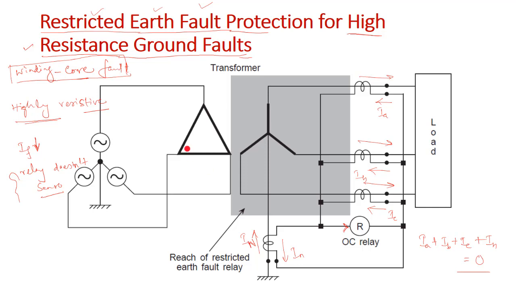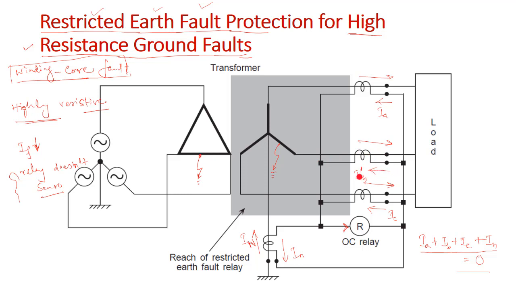Now if the fault happens at the delta side, the current reflected in the star side will become unbalanced, but still your IA plus IB plus IC plus IN will be equal to 0. But if your fault happens in the star side from winding to core, then your current magnitude IB will change.